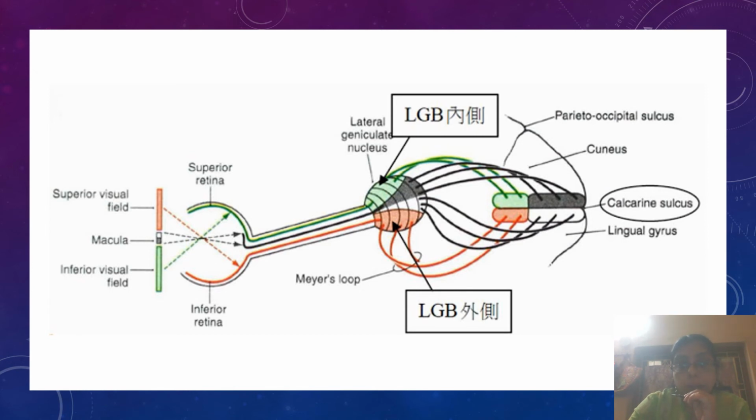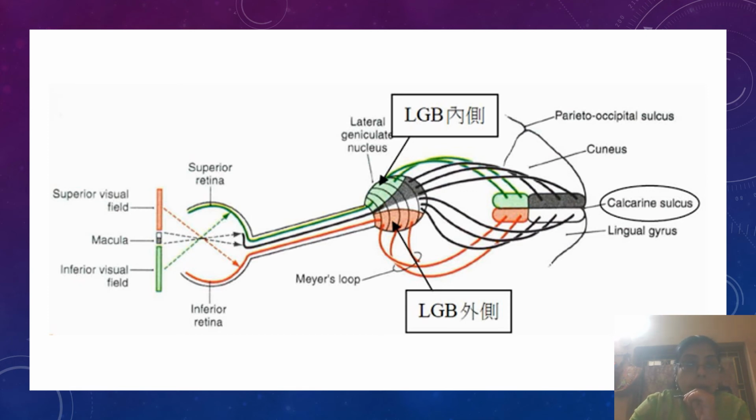Now what is the function of this Meyer's loop? This Meyer's loop contains the input from the inferior retinal quadrant. From this picture you can see this part is the superior retina, and this part is the inferior retina. Now the inferior retina is meant for the superior visual field. From this inferior retina, the inputs go into this Meyer's loop.